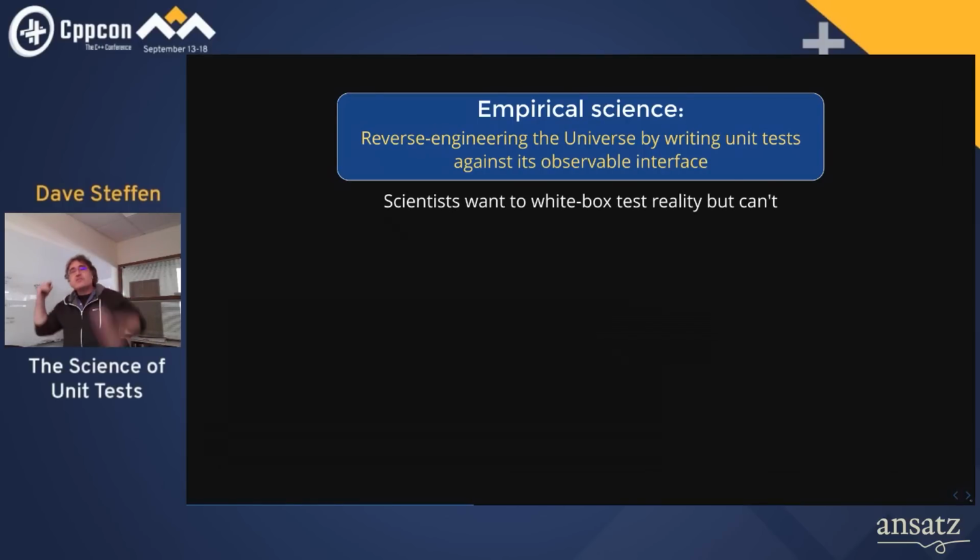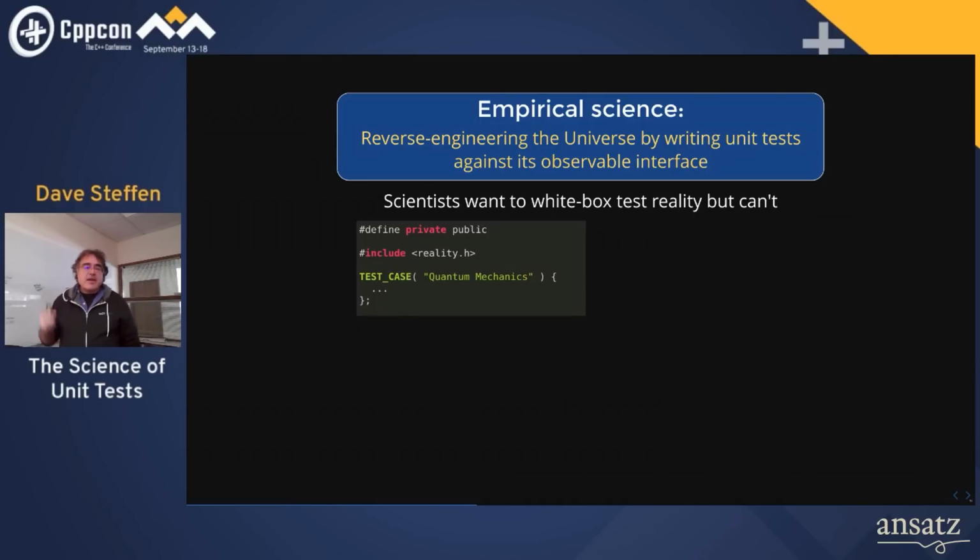Scientists would love to white box test reality. We'd love to know what's going on. Quantum mechanics is so bizarre, the more you know about it, the less you think you understand any of it. We'd love to white box test reality, but we can't, because no one's figured out how to define private public before we include reality.h. We can't do this.